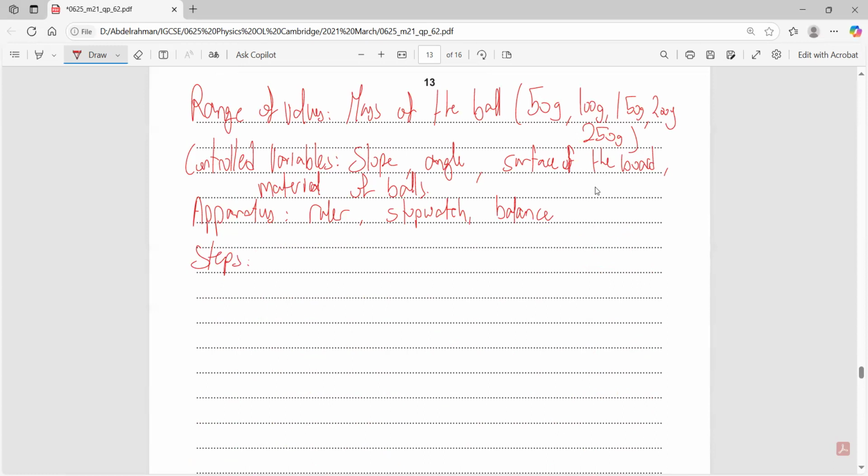Controlled variables actually could be, one of the controlled variables would be the distance traveled by the ball. Yes, the distance traveled by the ball on the slope.